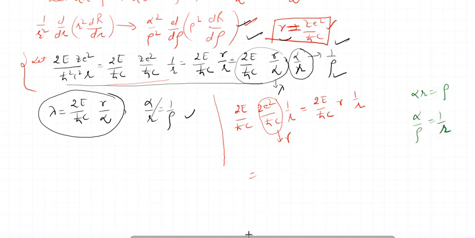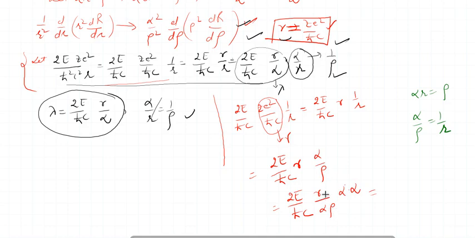So that means using this here, I can write down 2e over h cross c gamma. It is alpha by rho, and if I do this 2e over h cross c, then it is gamma over alpha rho, and alpha is already there, and if I multiply it, then both will remain the same.